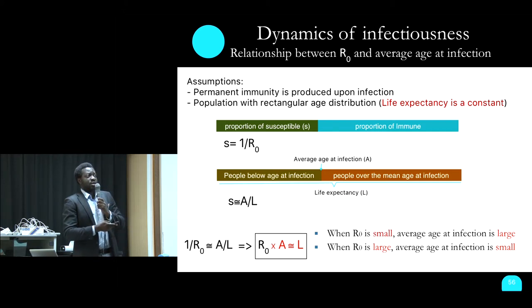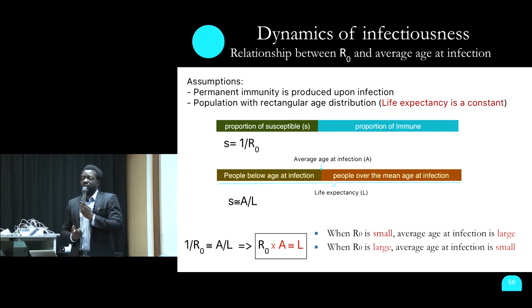In this slide here, we're trying to see the relationship between R naught and the average age at infection. So let's assume that the infection that we are dealing with here gives immunity after infection, like measles.